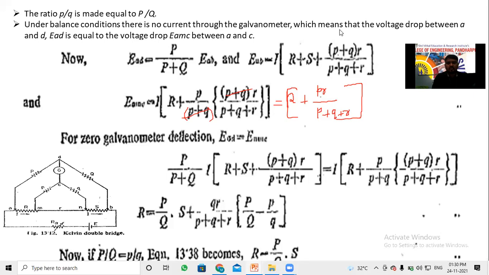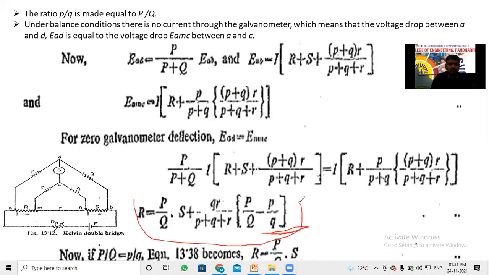I will cancel P plus Q here, and I gets cancelled, since I is there on both sides. After deriving, we will directly get this equation. Can you solve it? How do we get this equation? Any one of you? Will you solve, or do I have to show?